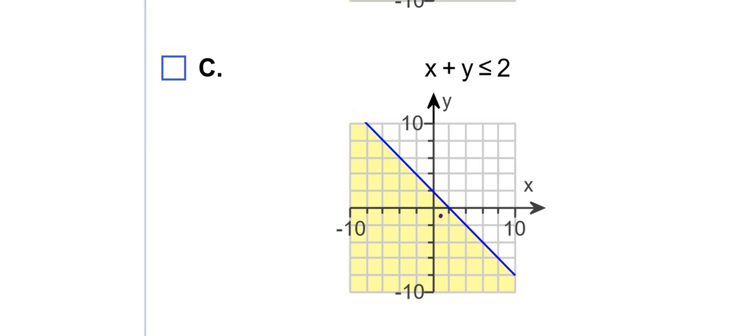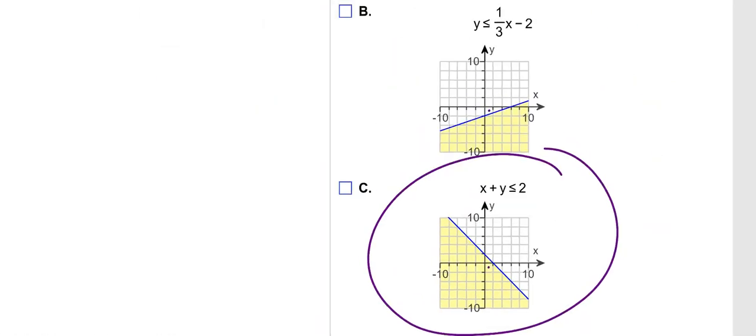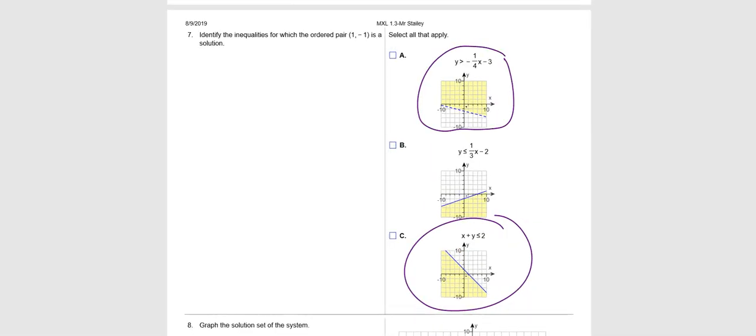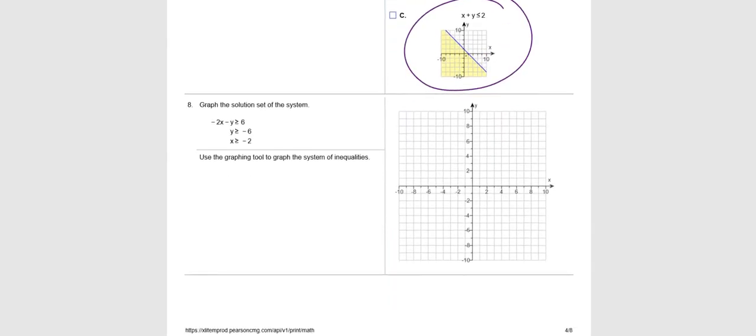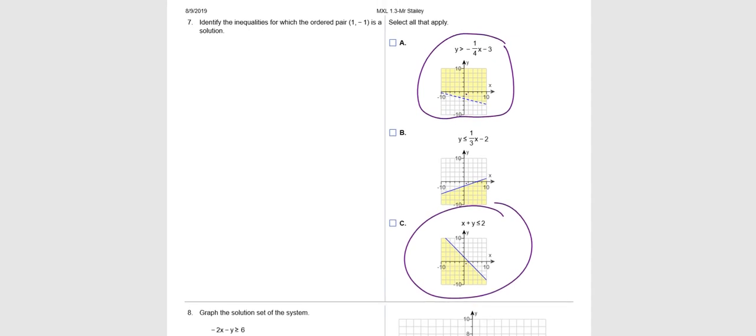Yep. 1, -1 works. So A and C did work. The yellow region did contain 1, -1. Any questions on that? Finding a solution inside the shaded region? Any questions on that? That'd be a good time to ask.